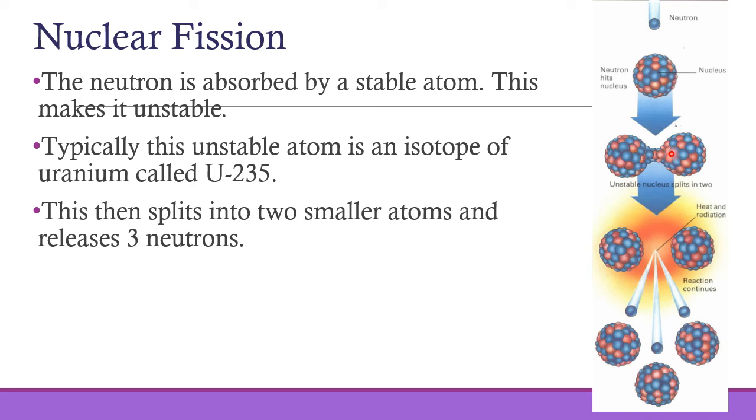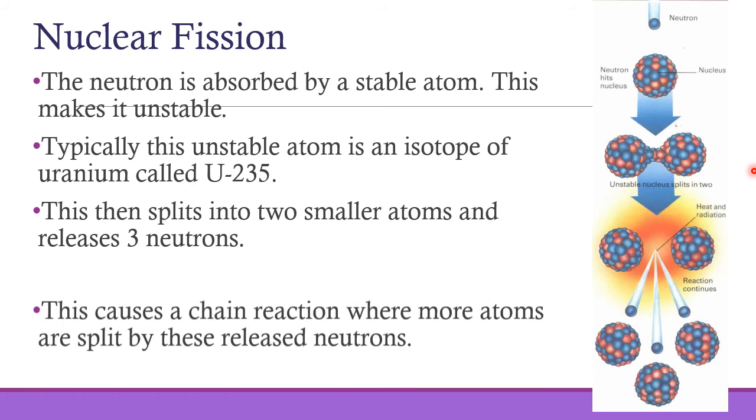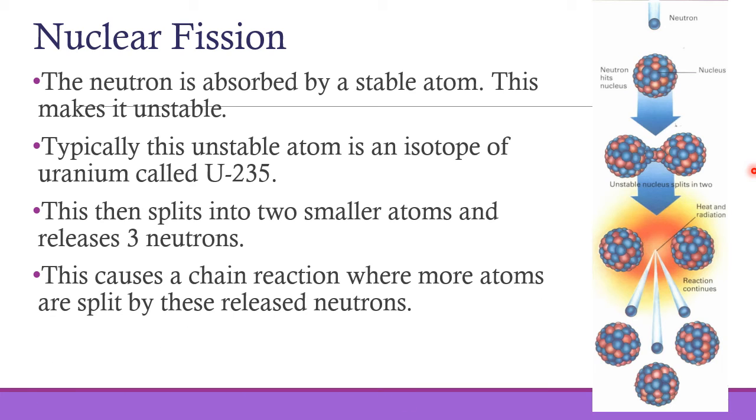So this unstable atom has so much energy that it splits into 2 different atoms, and this splitting releases two small atoms here, and it releases 3 neutrons. What this means is that this reaction can then happen again to further stable atoms. So this causes 3 more stable atoms to become unstable, and it causes a chain reaction.